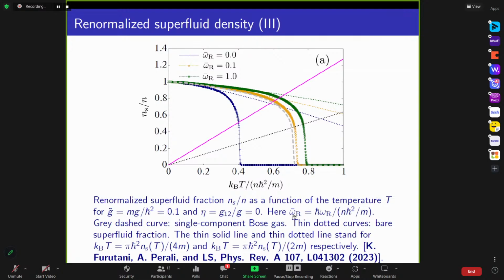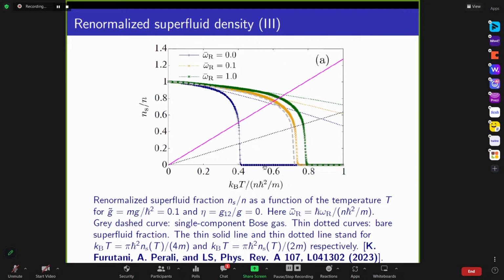Here, notice that this omega r bar is simply h bar omega r divided by some characteristic energy, in such a way that you are working always with adimensional quantities. And an intermediate value, omega r 0.1, is the yellow points.